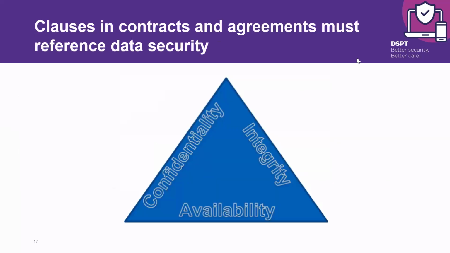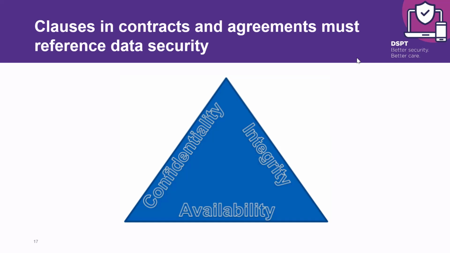In terms of data breaches, it's worth just mentioning that when we're talking about data security, we're talking about several elements, that it's not just confidentiality, as you can see on the left-hand side of the triangle there, but it's also about the integrity of the data, the accuracy of the data, and it's also about the availability of that data.